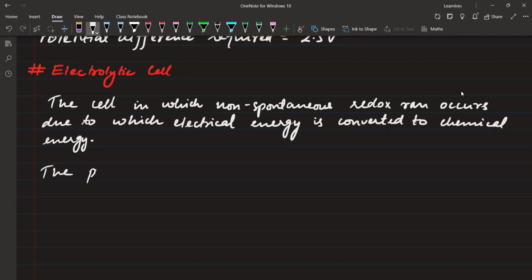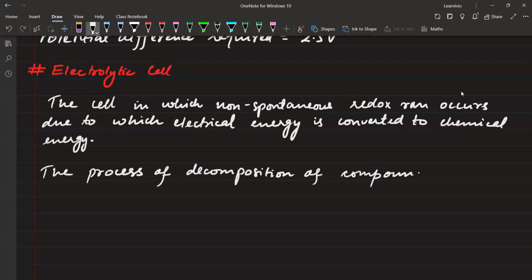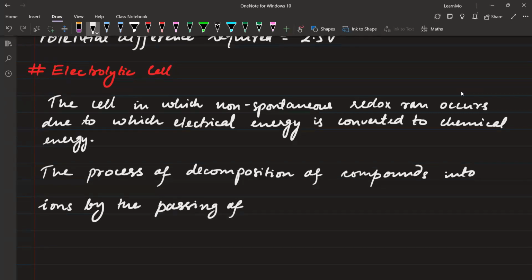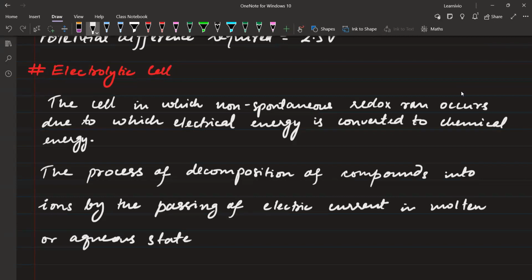The process of decomposition of compounds into ions by the passing of electric current in molten or aqueous state is called electrolysis.